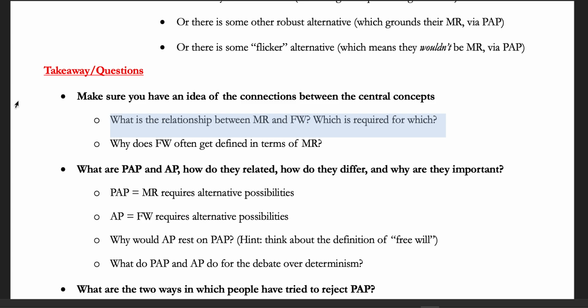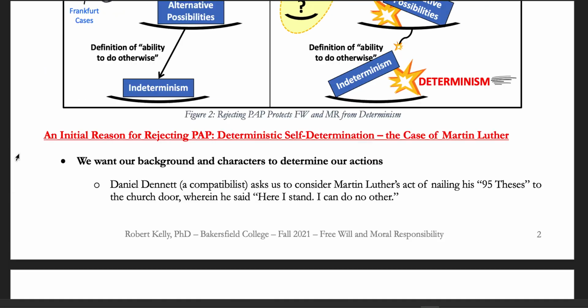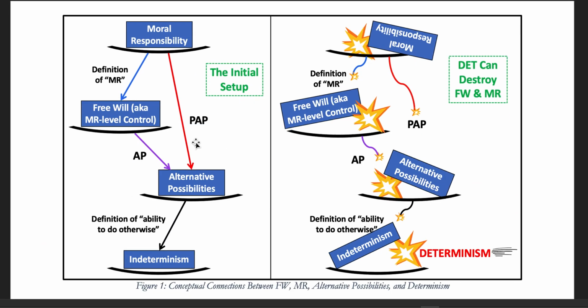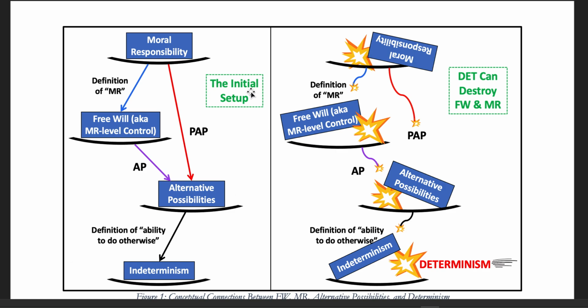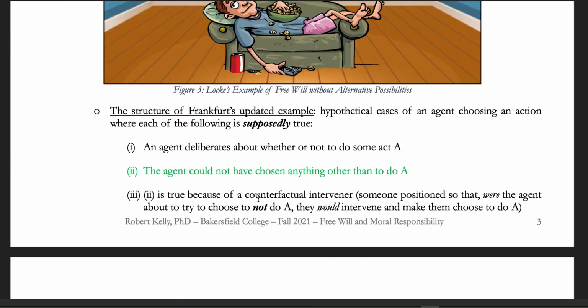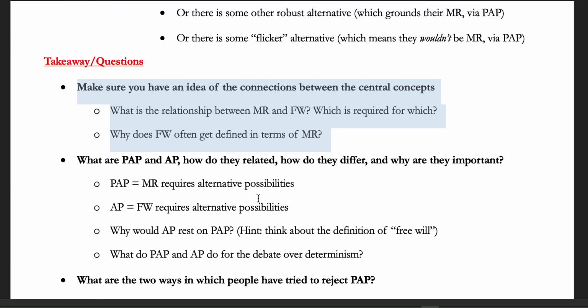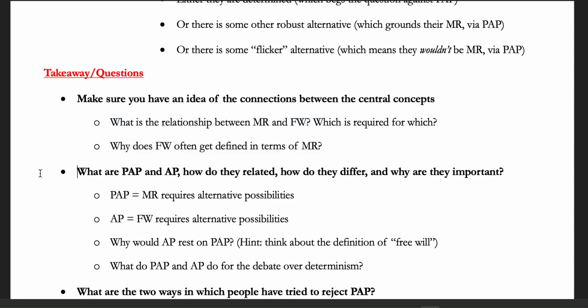Okay, just go back over that beginning part, and especially, hopefully, this left side of the first diagram kind of helps you see the connections. Something is required for something else if it's underneath it. It's required to hold this up. So free will is required for responsibility. PAP means alternative possibilities are required for responsibility. So try to make sense of those conceptual connections because it will help you see why these are important.